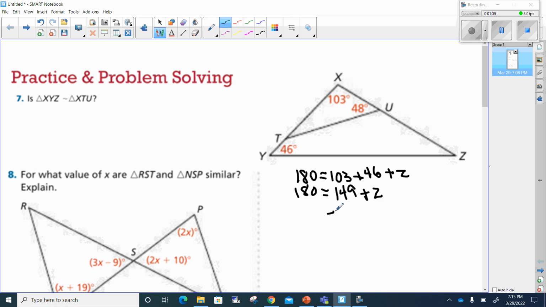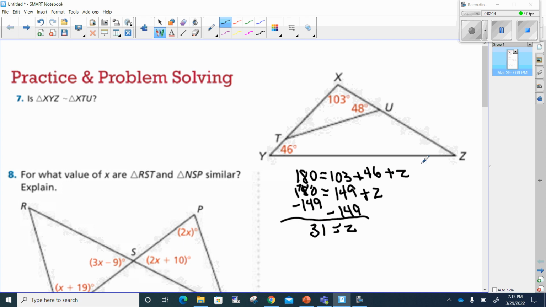We know we have to subtract 149 from each side in order to isolate z. Which means we have to subtract 149 from 180. I know that I'm going to have to borrow one, which is going to make this 7. And then 10 minus 9 is 1. 7 minus 4 is 3.